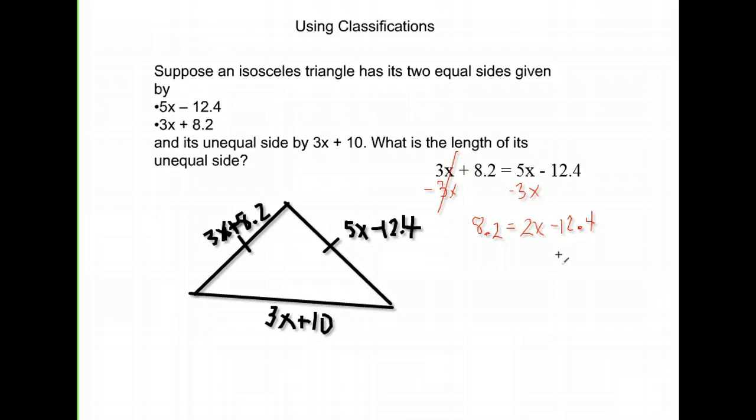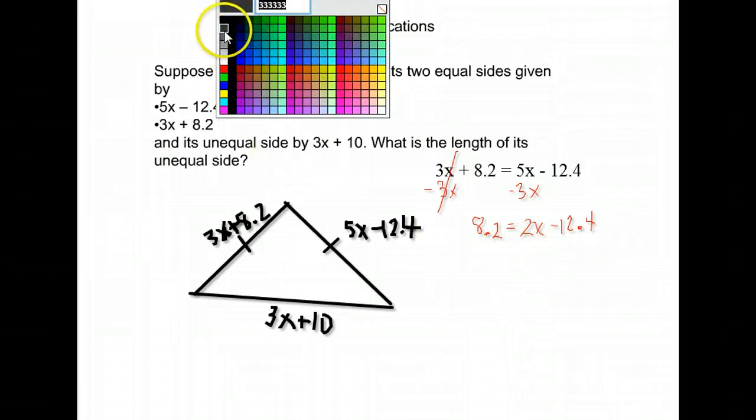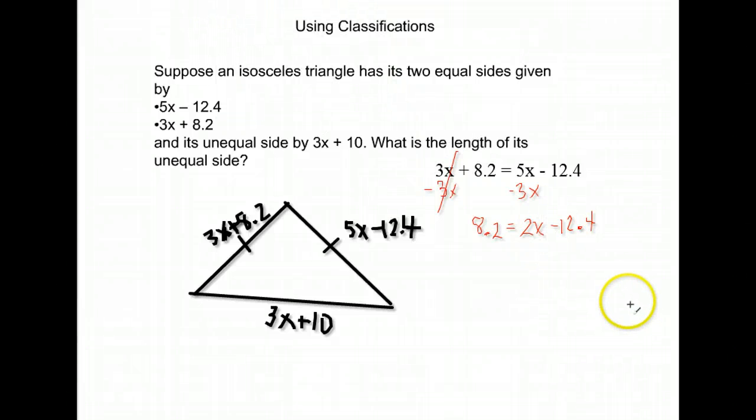Okay, from there we need to get x all by itself. I would actually see how the x's are on this side, so we want to move everything away from x now. If I had moved the 5 over here, then I would move the 8.2. But since my x's are over here, I want to move the 12.4 because it's with the x's.